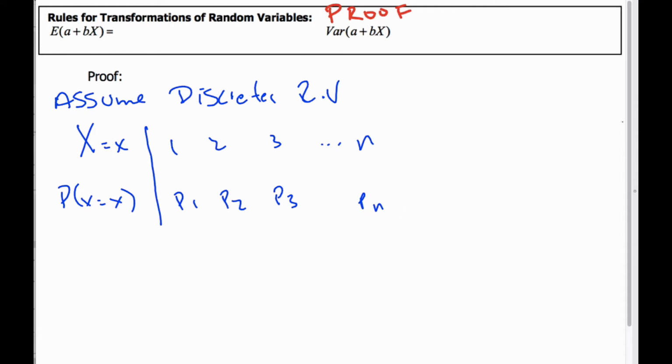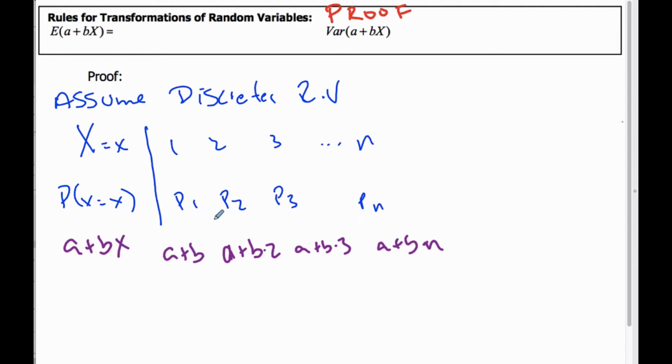So if I come along and change my random variable to a plus bx, that's going to change this value to a plus b. And this is going to be a plus b times 2, this is a plus b times 3, and this is a plus b times n.